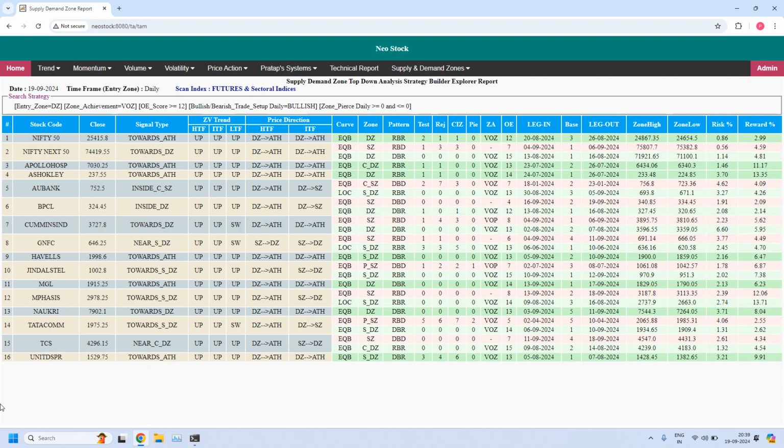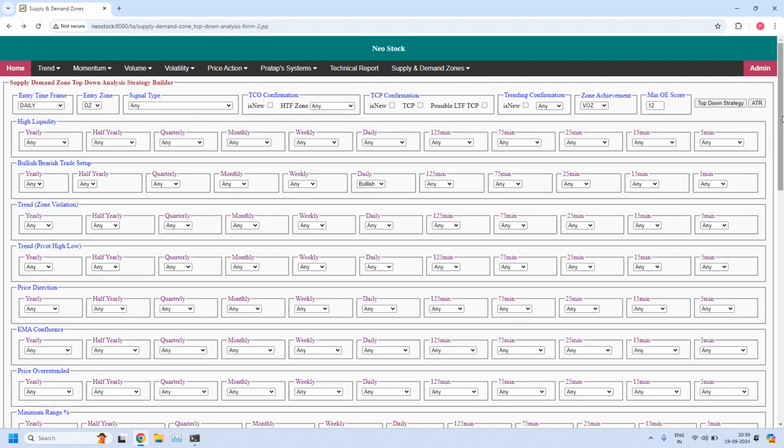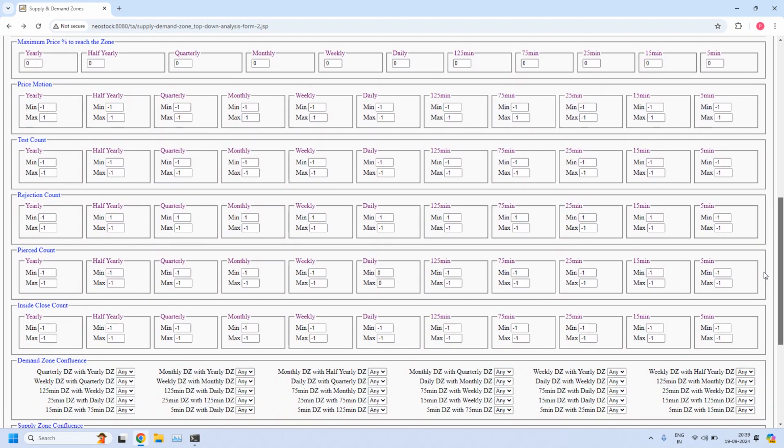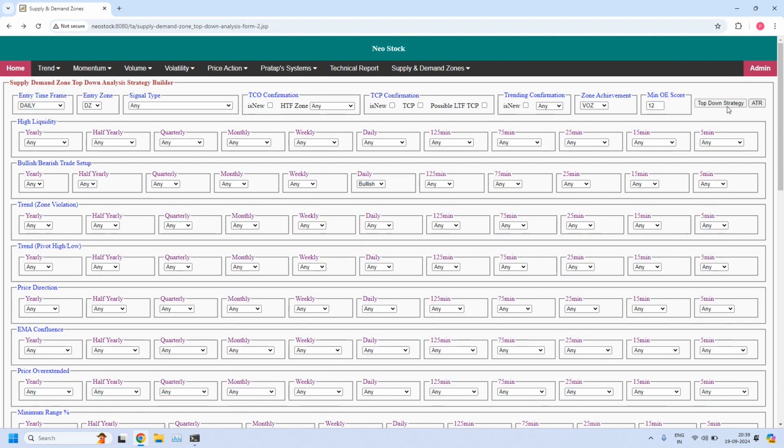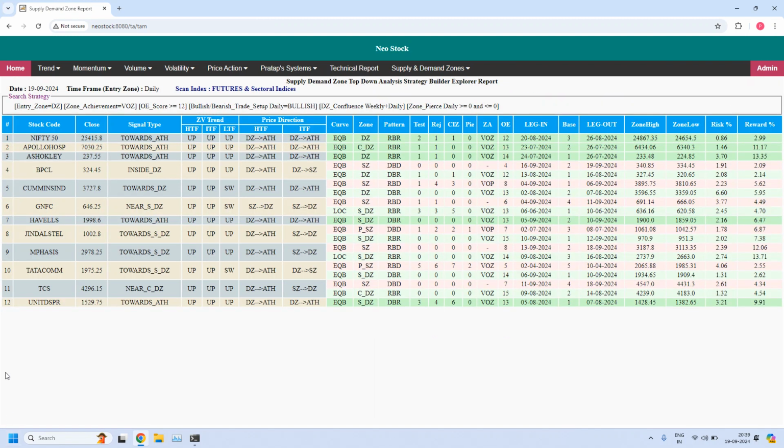That is a daily zone should be part of the weekly zone, daily demand zone and weekly demand zone confluence. So in the demand zone confluence, I am enabling the filter daily demand zone with weekly demand zone confluence filter. Now let's verify. So 12 stocks are filtered. That means in all these 12 stocks, daily zones are part of the weekly zones.